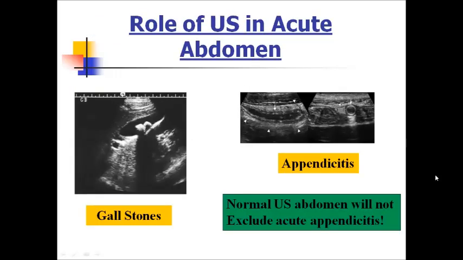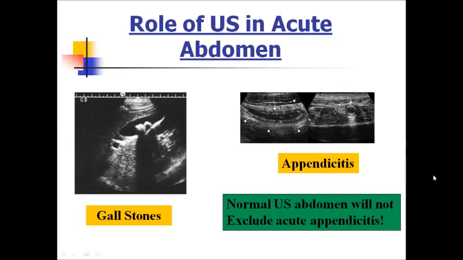It plays a very important role, for example, even in acute abdomen, when gallstones, which are a reason of acute abdomen, and inflammation of appendix may be detected on ultrasound scans.